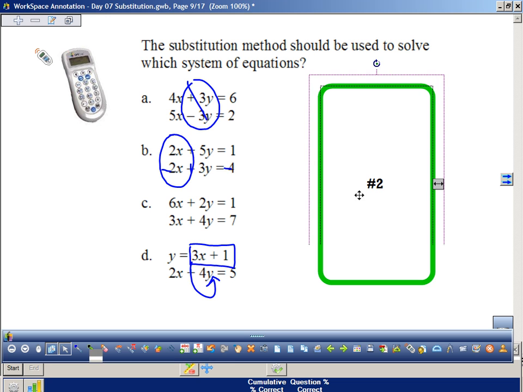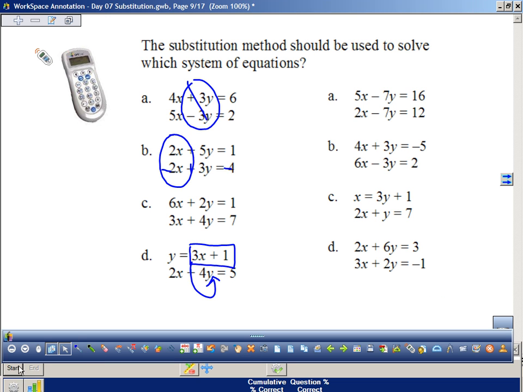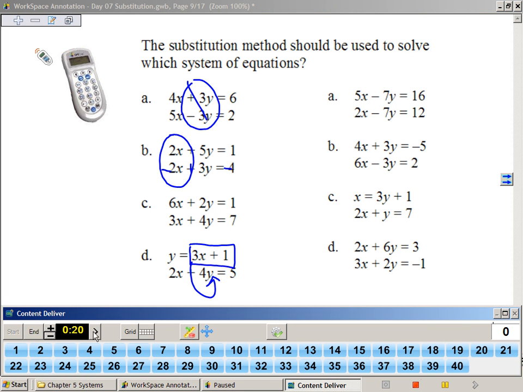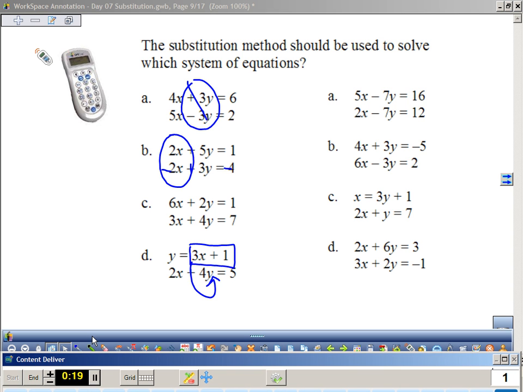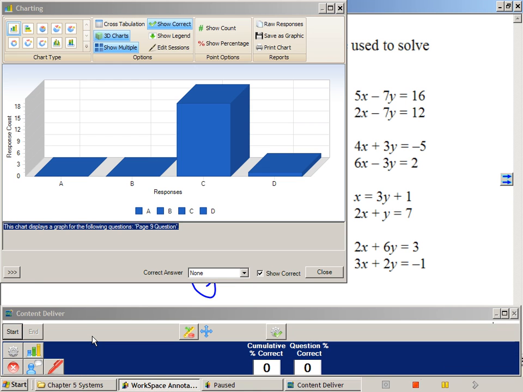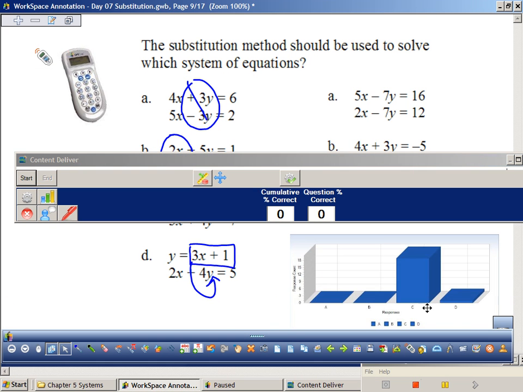Let's try this one. Go, 20 seconds. Get those answers in. Fantastic.